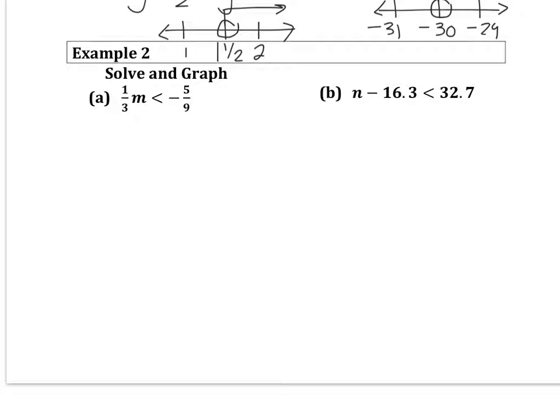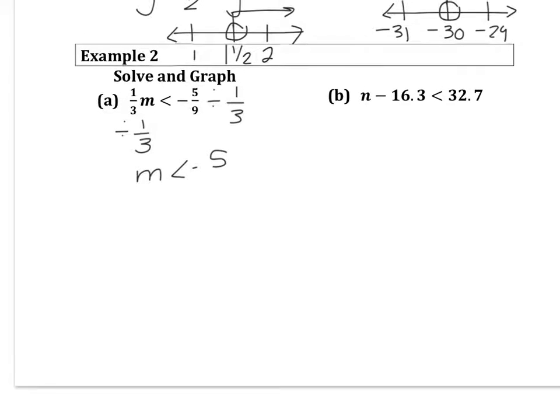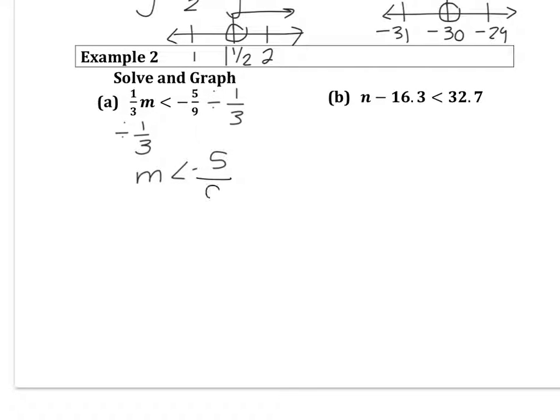Solve and graph. The next one, I'm multiplying by 1/3, so the opposite of that is dividing by 1/3. And our rules for dividing by fractions are keep, switch, flip. So I'm going to keep the first one. I must have dropped off a little bit there, so I have to kind of go back. I'm sorry about that. So M is less than, and we're going to have keep, switch, flip. So negative 5/9 times 3/1 now. And then I'm going to multiply the numerators. So negative 15, 9 times 1 is 9.